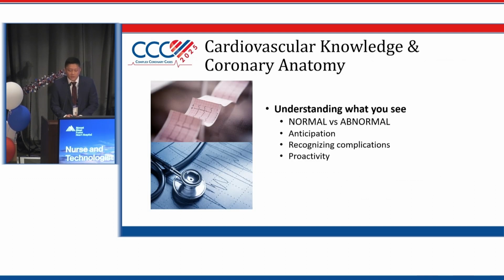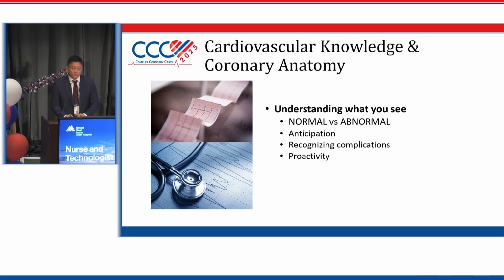So the first key area would be cardiovascular knowledge and coronary anatomy. A strong foundation in cardiovascular knowledge and coronary anatomy is very crucial in the workplace. As we all know, we are not just bystanders in the cath lab. We are active participants.